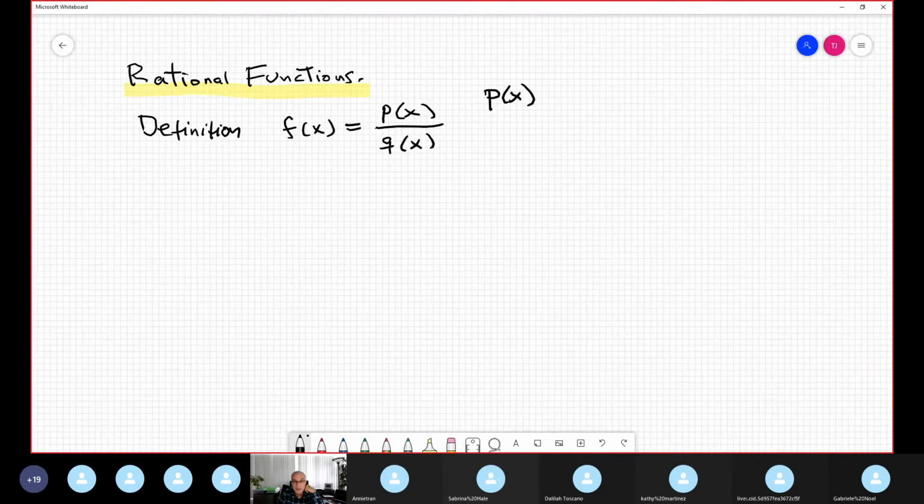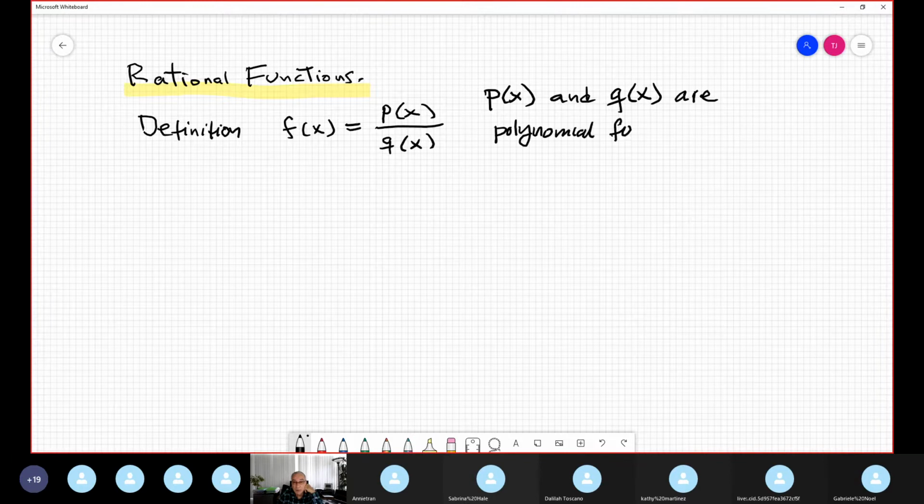P of x and q of x are both polynomial functions. The only restriction is that q is never zero. It's an arbitrary polynomial, but not zero. That's the only restriction because you know that when you divide by zero, it's undefined.